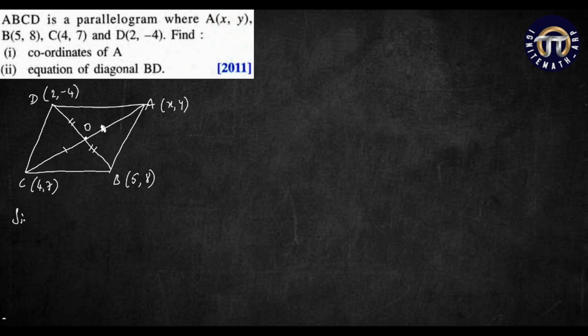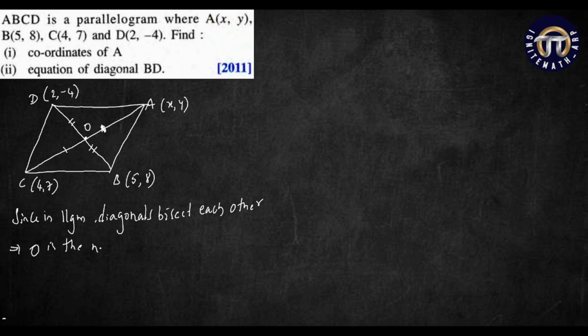Since in a parallelogram diagonals bisect each other, O is the midpoint of AC as well as BD. Clear? So now first I'll find the coordinates of O, and I'll consider the diagonal DB. So consider the diagonal DB by the midpoint formula.